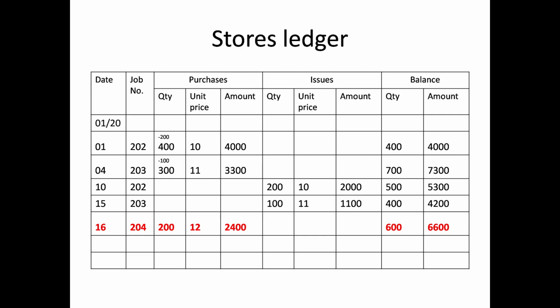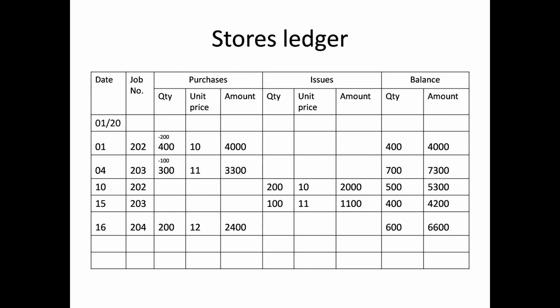Now calculate the amount. 200 multiplied by 12. It's 2,400. Then update the balance. 400 plus 200, 600 quantity. 4,200 plus 2,400, 6,600 rupees.